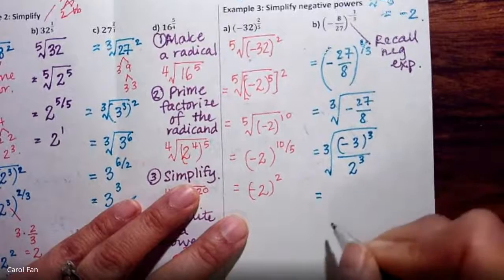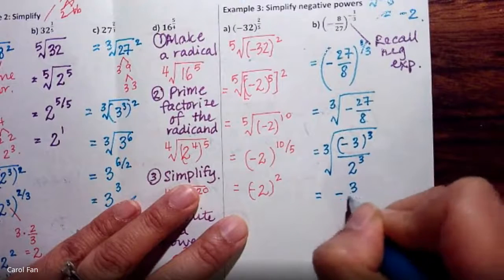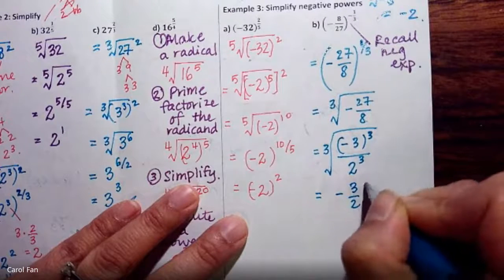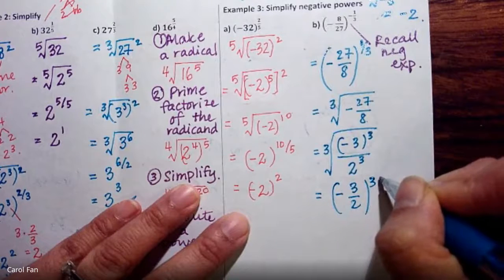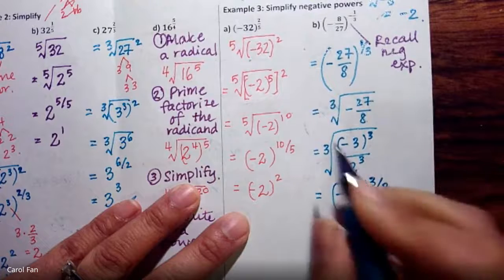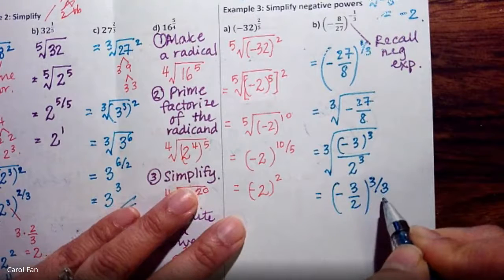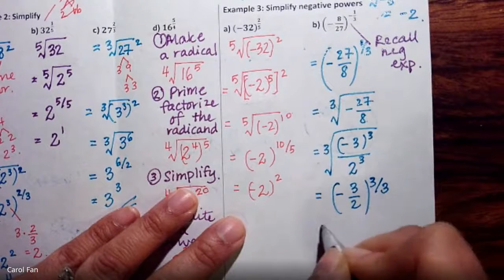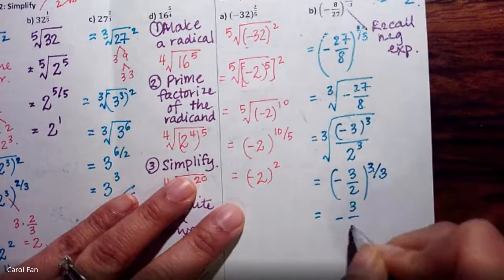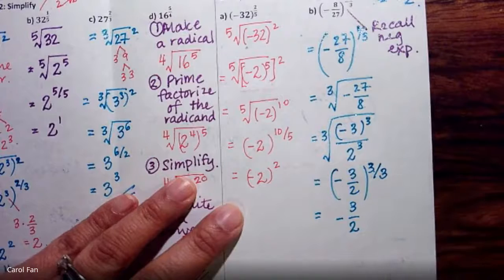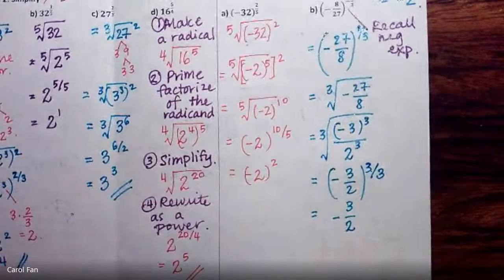Now let's undo it. So I have negative 3 over 2, all to the power of 3. And my index becomes the denominator of my power. So this simplifies to 1. And my final answer is negative 3 over 2.